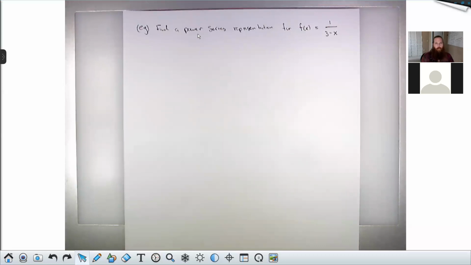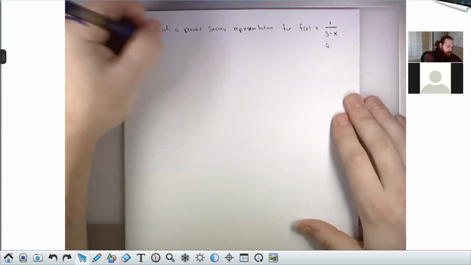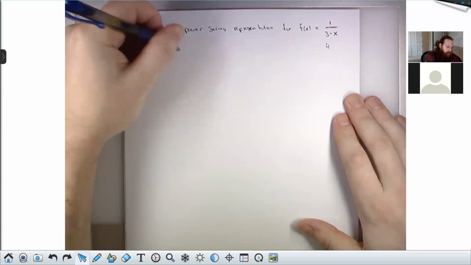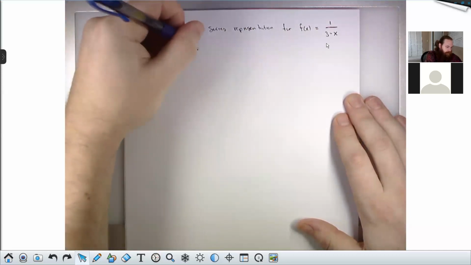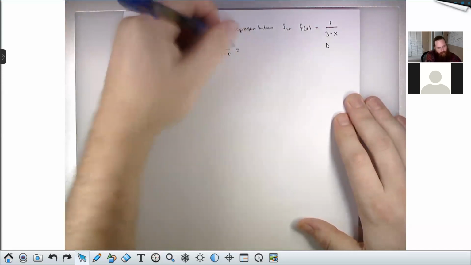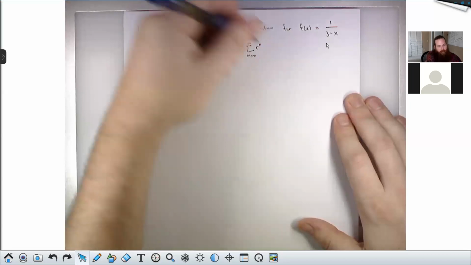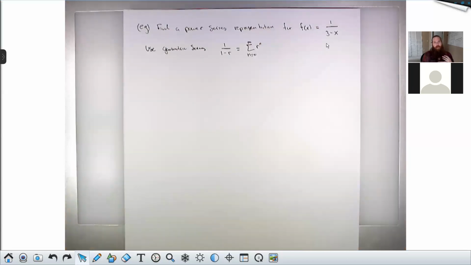The trick is to get it into the 1 over 1 minus r form. So I use my geometric series trick, which is 1 over 1 minus r is sigma n from 0 to infinity r to the n. So I need to write f of x as 1 over 1 minus something. And whatever that something is will tell me what to put in my series.